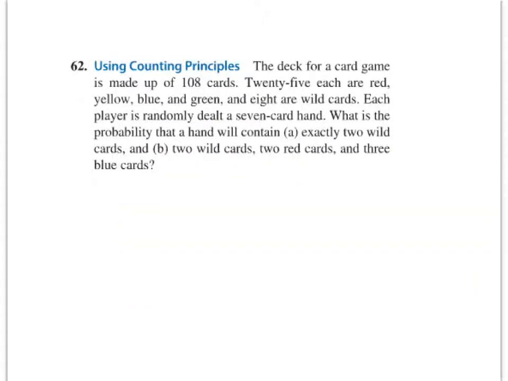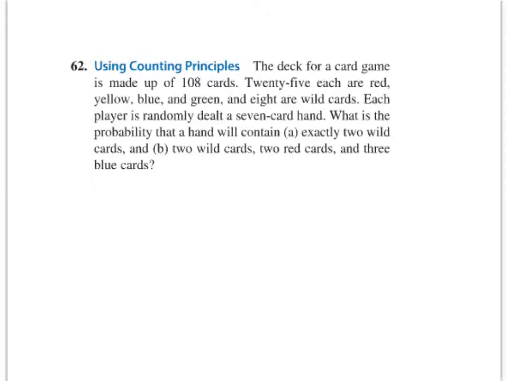Okay, last problem here, and we'll do this one in class as well, but I want you to have it in your notes, just so you can refer back to it if you need to. We're going to talk about you dealing a card game. It's made up of 108 cards. There are 100 regular cards, 25 red, 25 yellow, 25 blue, and 25 green, and there are 8 wild cards.